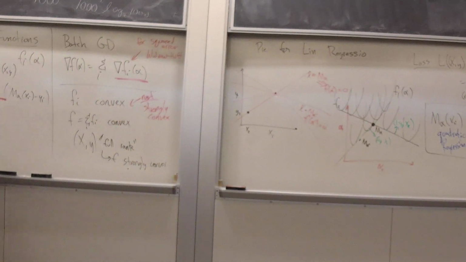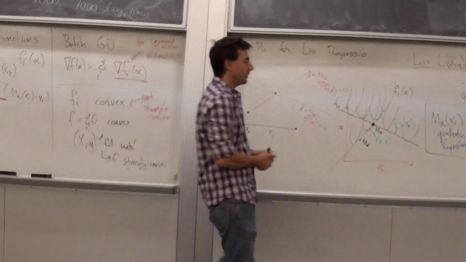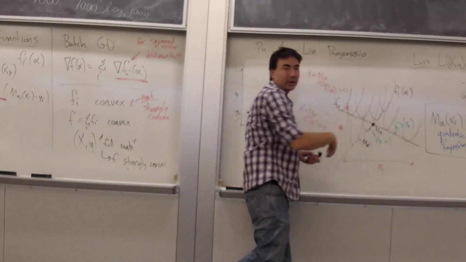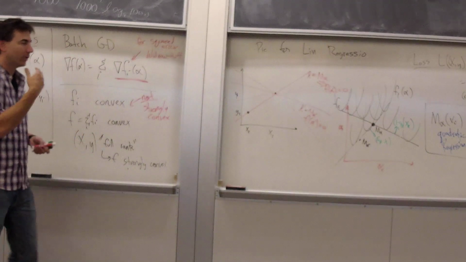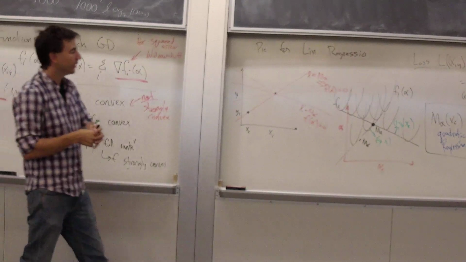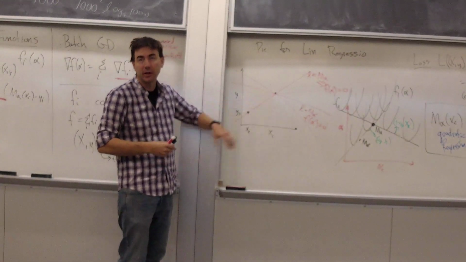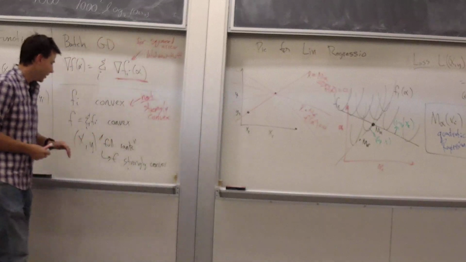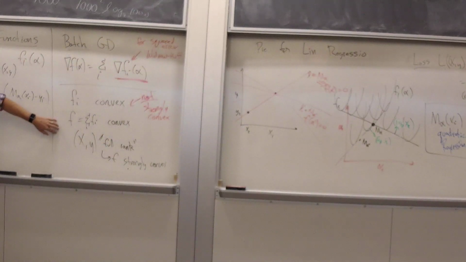And full rank means I have to do the polynomial expansions in this way, using y and x1 and x1 squared and so forth. So in higher dimensional models, I need those. I'm in higher dimensional space, and those points need to be full rank in this space if I write them as a matrix. Then f will be strongly convex. So now I get strong convexity, and I'm going to have this faster convergence rate.